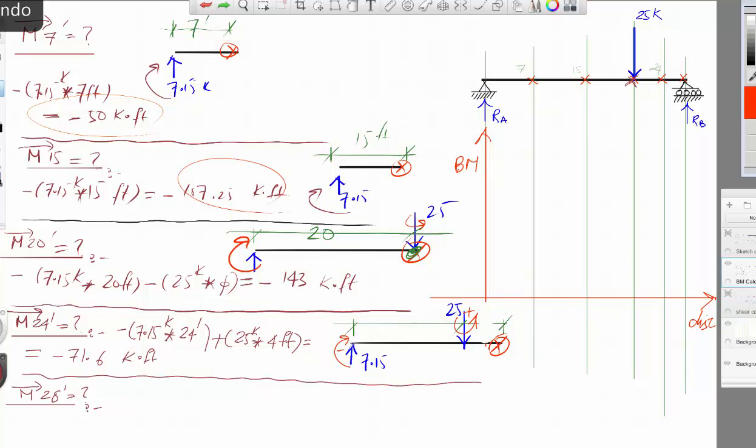So we have minus 7.15 kip multiplied by 28 feet plus 25 kips multiplied by this distance, which is 8 feet, is equal to how much? And this is equal to 0. So we are correct.